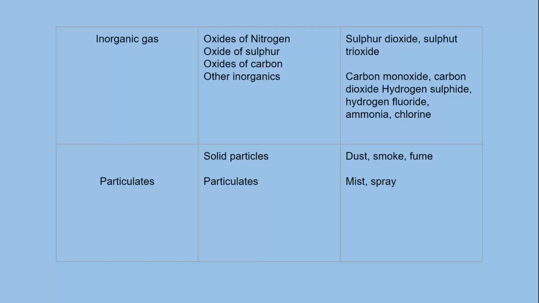Okay, so these are the major air pollutants, including sulfur dioxide, sulfur trioxide, carbon monoxide, carbon dioxide, hydrogen sulfide, hydrogen fluoride, ammonia, chlorine. Okay, these are nothing but the inorganic gases. First one is sulfur dioxide, second one is sulfur trioxide, third one is carbon monoxide, fourth one is carbon dioxide, fifth one is hydrogen sulfide, hydrogen fluoride, ammonia, and chlorine.